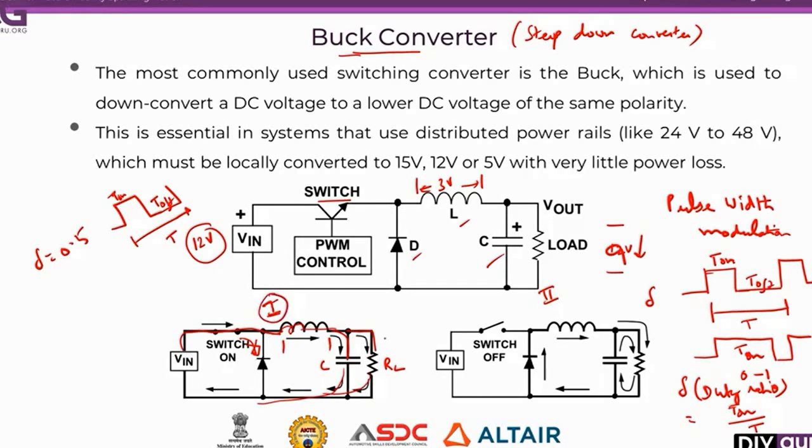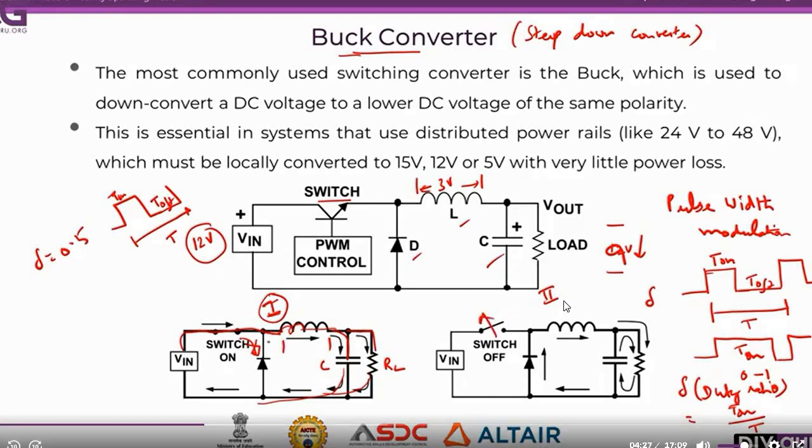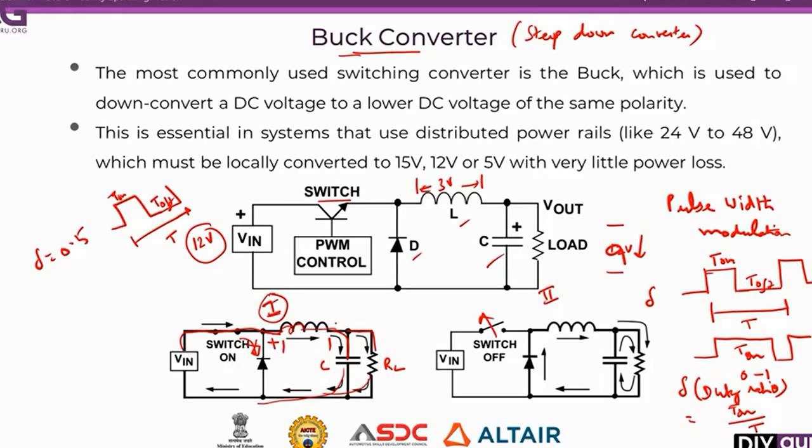Now if the switch is turned off: when the switch is turned on, the inductor will be left hand side positive and right hand side negative. When the switch is turned off, this inductor will reverse the polarity as shown here. This side will become minus and this will become plus. Now this inductor will act as a source and current flows through the load directly.